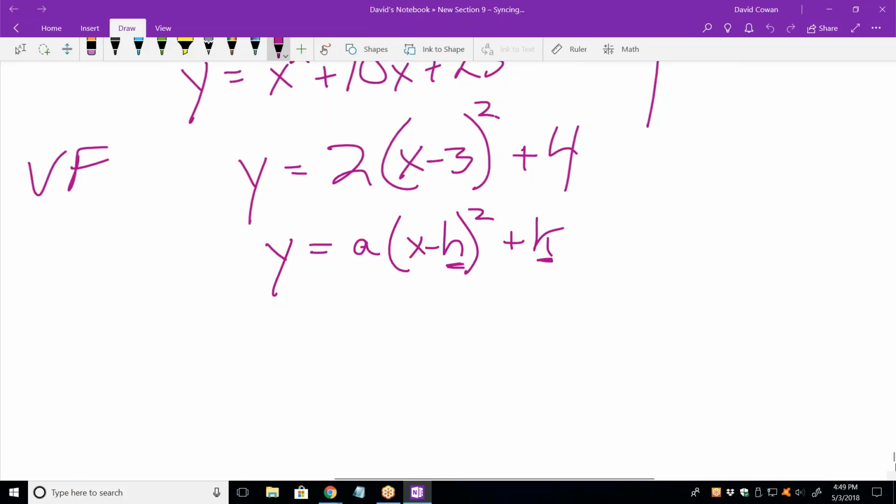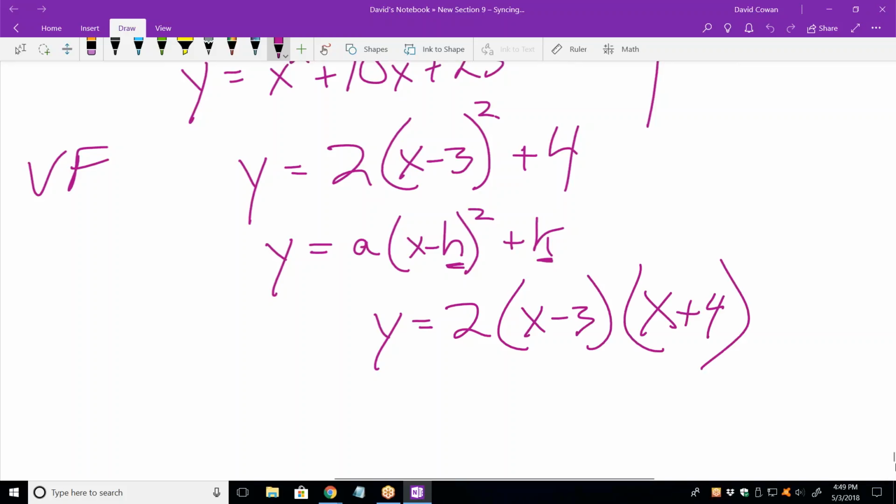We haven't seen that. The most familiar one I've seen in that class is the x-intercept one. The x-intercept one might look something like this. If they give you this one, then you know your x-intercepts are x equals 3 and x equals minus 4.